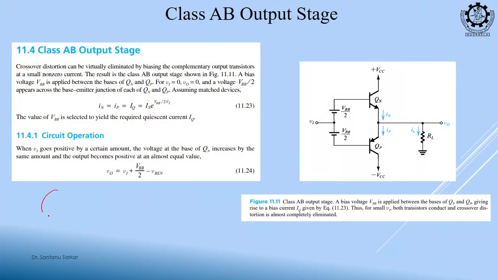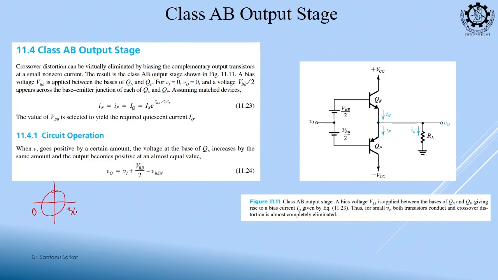As we know, class A operates for the full 360-degree angle. The main transistor is on for the full time period. But the drawback is that its power efficiency is poor.